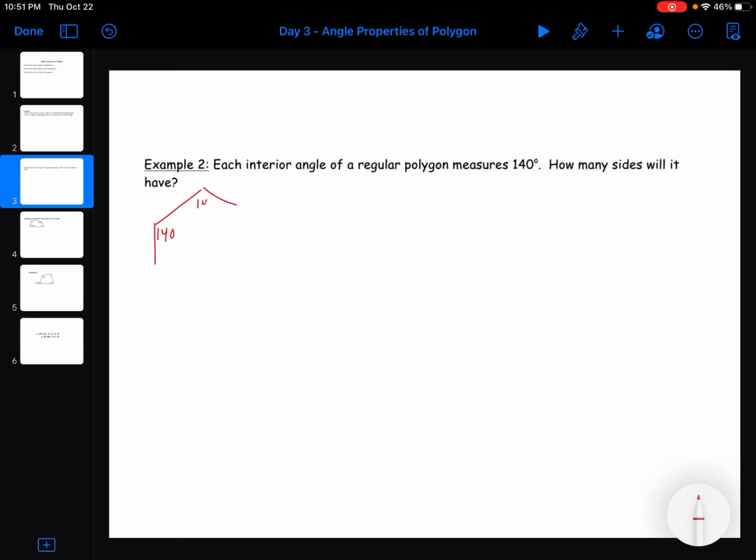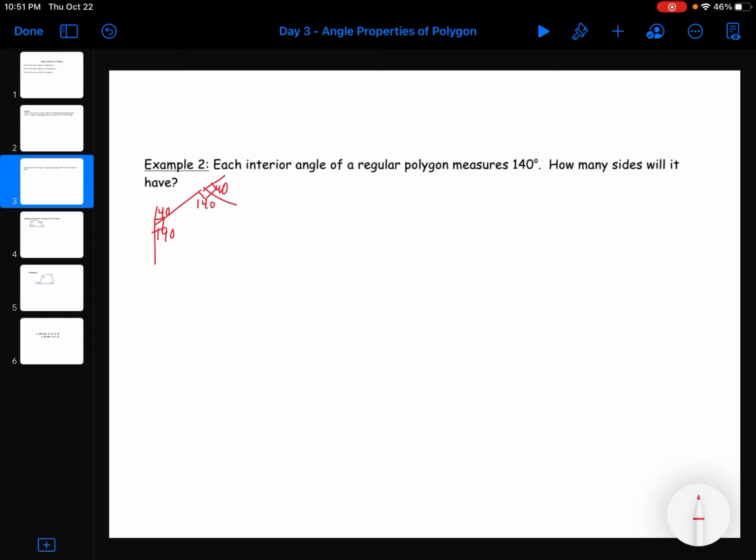This would be 140, and this would be 140, and the next angle would be 140. We know that the exterior angles have to add up in total to 360. Well, this is going to be 40 degrees, and this is going to be 40 degrees because our exterior angles need to make 180 with each of those flat lines.